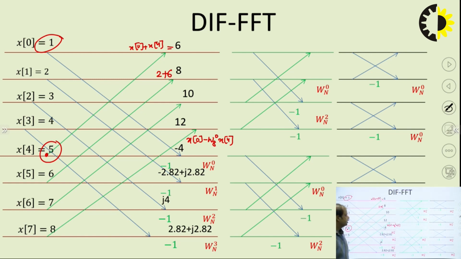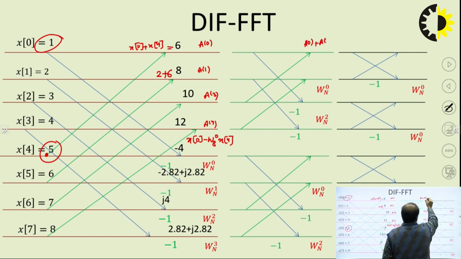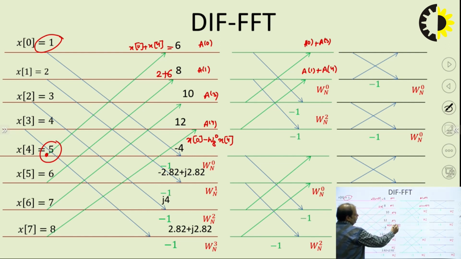In the next stage, if this is a of 0, this is a of 1, this is a of 3 and this is a of 4, then you can quite easily note that this will be a of 0 plus a of 3. Similarly, this line will be a of 1 plus a of 4, because the twiddle factors are not getting multiplied at these 2 points.